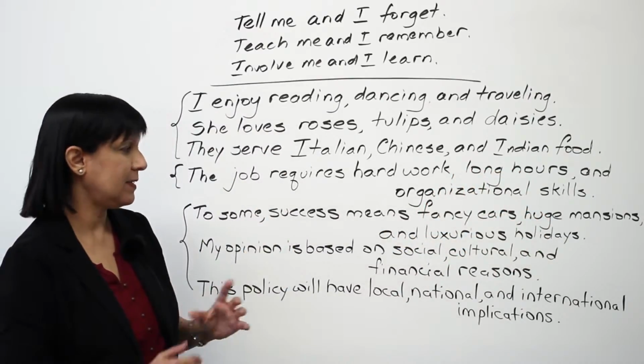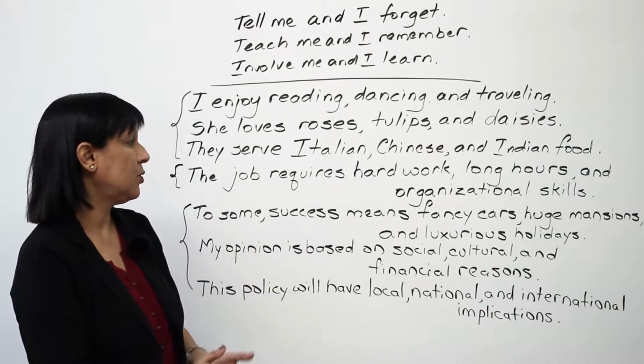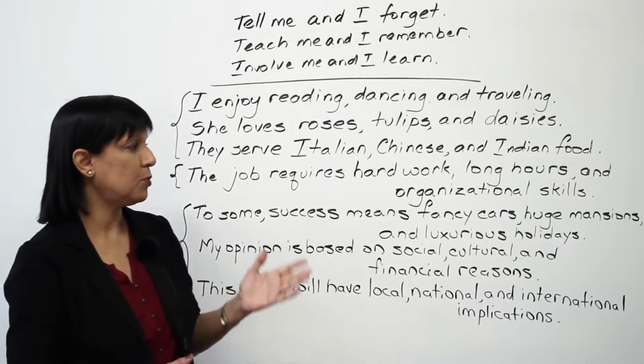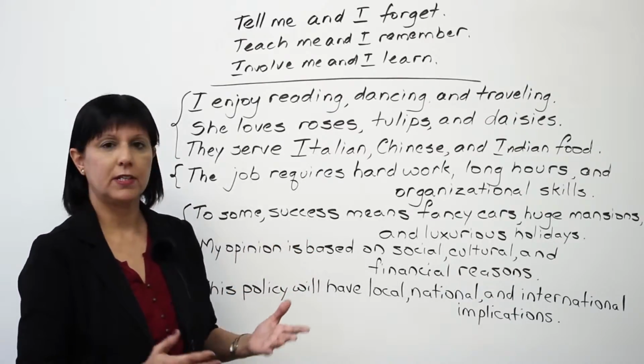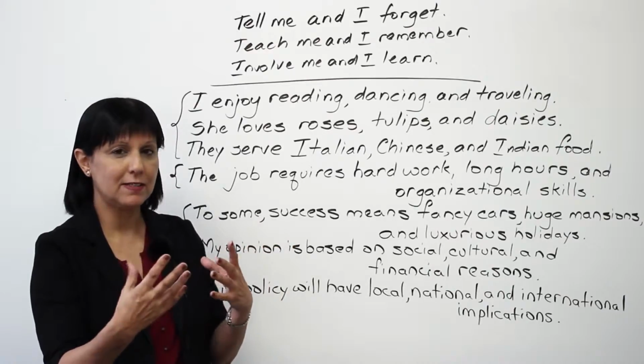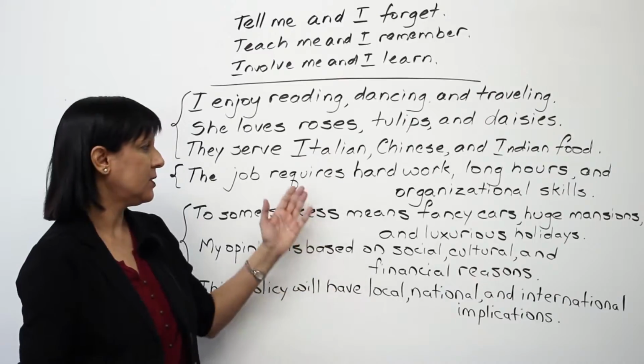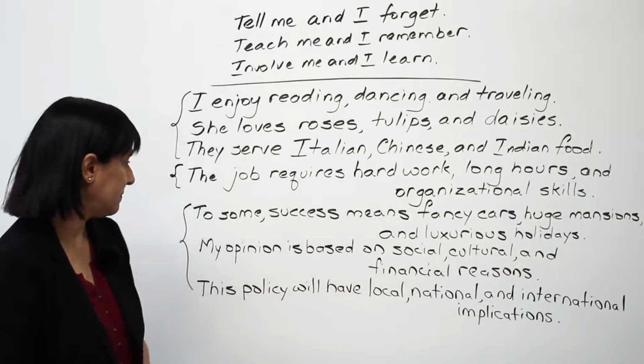So if you do that, try to keep that consistency, all right? Don't say the job requires hard work, long hours, and organization. Because then you've lost the parallelism, you've lost the magic of three, you've lost the rhythm, okay? So remember that as well.